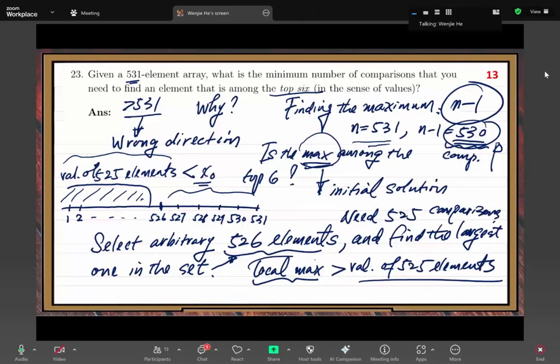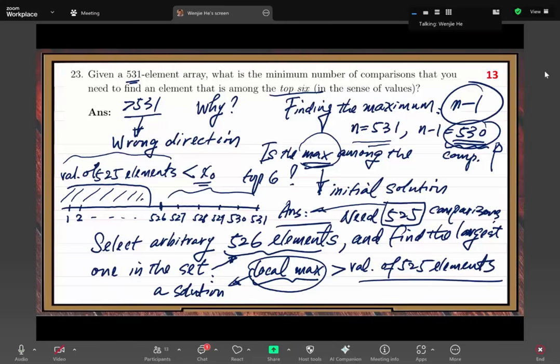And this local max is a solution, because you may have many different solutions. So this is your answer: 525.